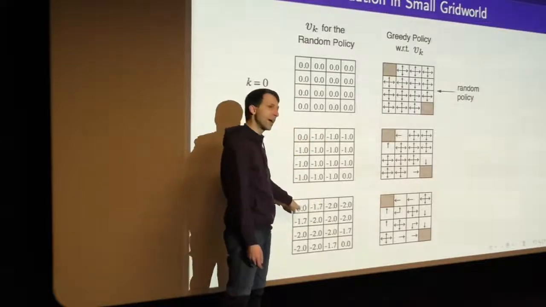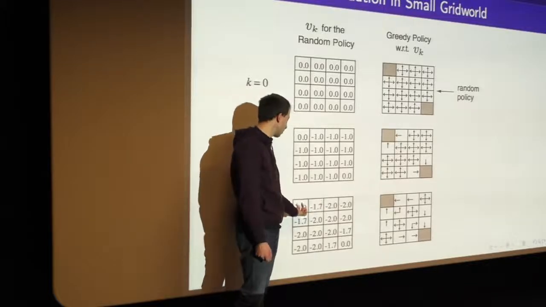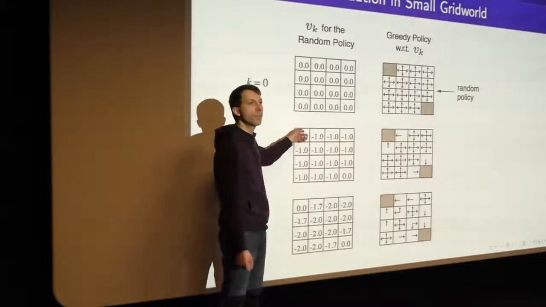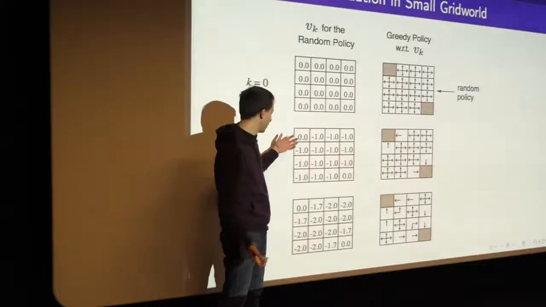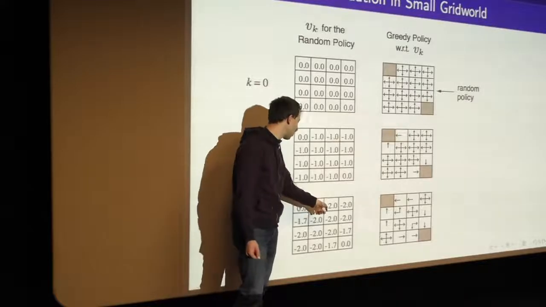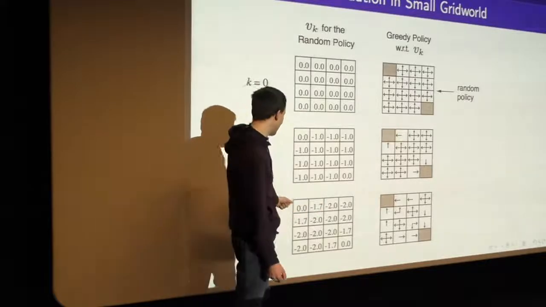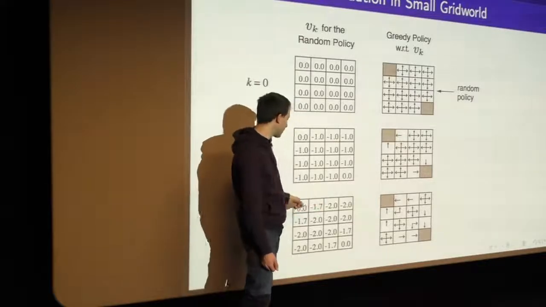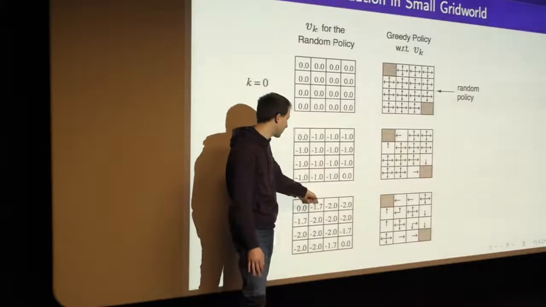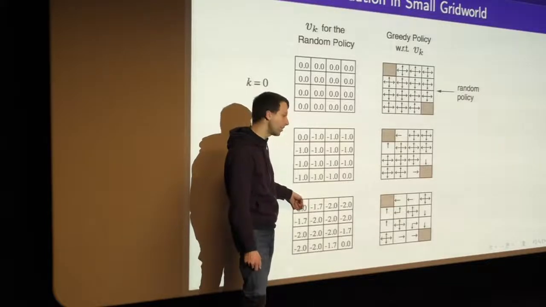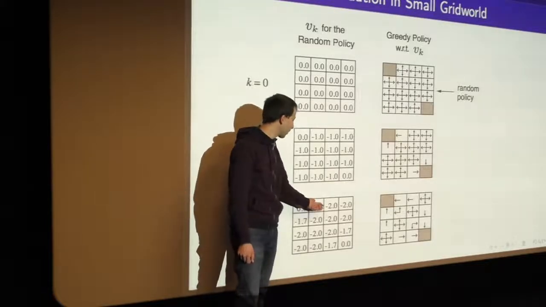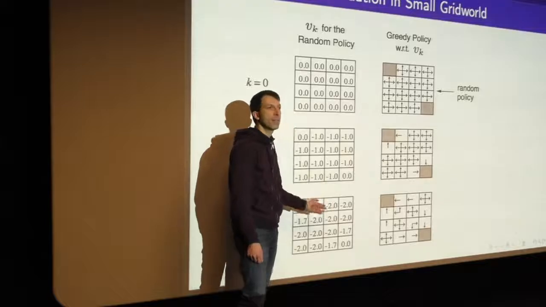But if I go west, there's an immediate cost of -1, and then my estimated cost of the goal is 0. So this should be -1.75, I think it just doesn't fit. I've got 0.25 probability of just getting -1 for the immediate cost, and 0.75 probability of getting -2.